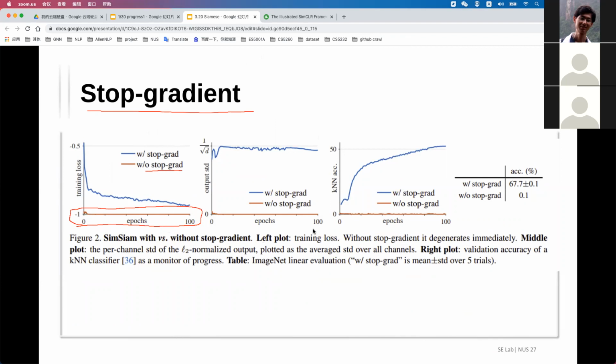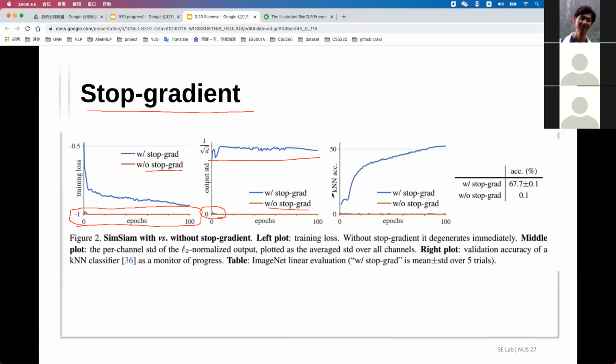In the analysis of the standard deviation of the loss, it shows that without the stop gradient, it's always 0. That means the representation is the same, because whatever the input, the result is the same representation. That means the model collapses.